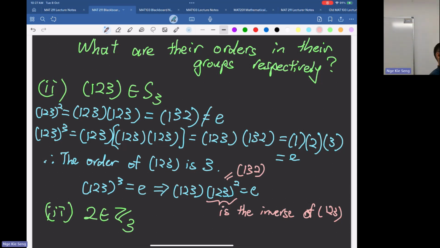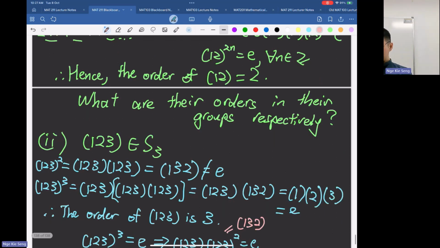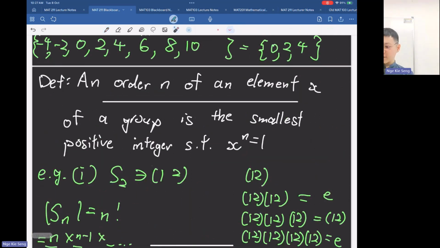That means if your element has a finite order, you can get your inverse by taking some power of your element. You can build your own inverse. If your order is finite, you make your inverse.